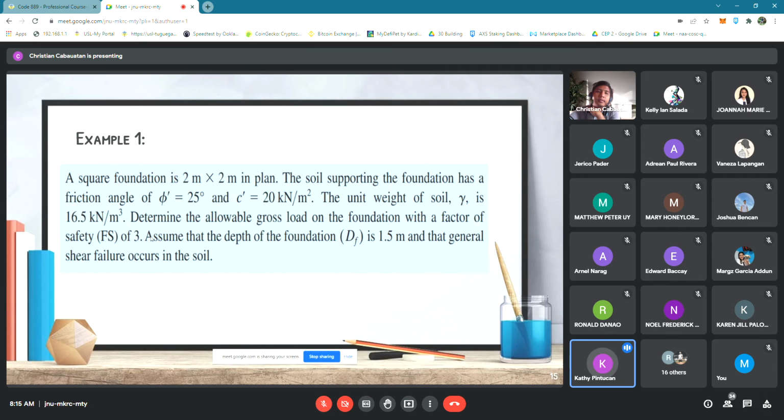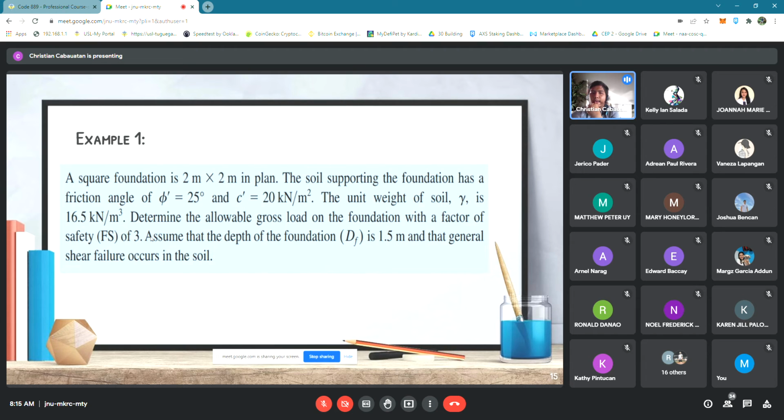The soil supporting the foundation has a friction angle of phi prime equal to 25 degrees and c equal to 20 kilonewtons per meter square. The unit weight of soil gamma is 16.5 kilonewtons per meter cube. Determine the allowable gross load on the foundation with a factor of safety of 3. Assume that the depth of the foundation DF is 1.5 meters and that general shear failure occurs in the soil. Okay, thank you, Miss Pintukan.